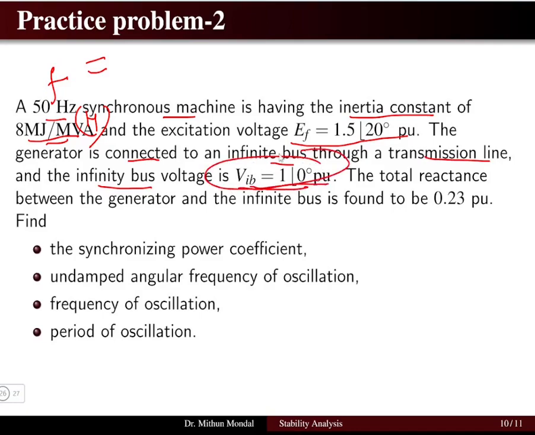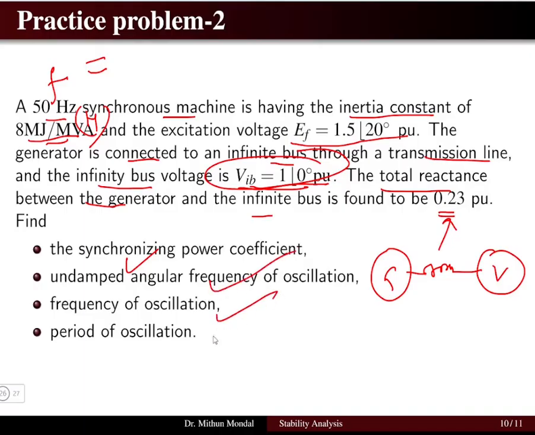This is always constant, because this is the voltage of the infinite bus. The total reactance between the generator and the infinite bus is 0.23 per unit. So we have the generator and the total reactance is already given to us. You have to determine the synchronizing power coefficient, which is Pmax cos delta, the undamped angular frequency of oscillation, and the period of oscillation. Having solved problem number 2, we can easily solve this practice problem.